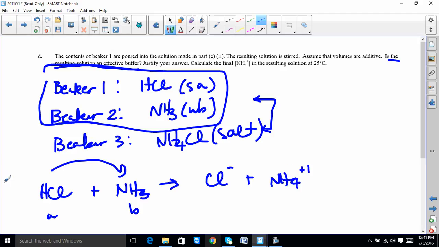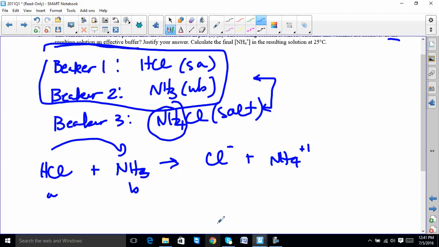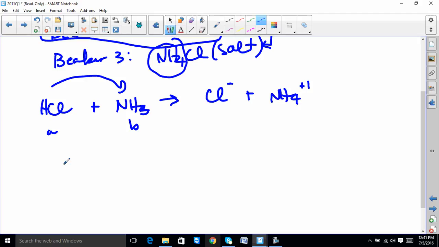And so what happens is beaker 3 had NH4 to begin with. When you put beakers 1 and 2 together, this totally goes away and this totally goes away, and you make NH4. And so the first question is, is it an effective buffer?